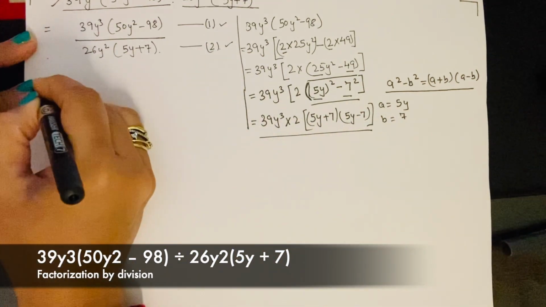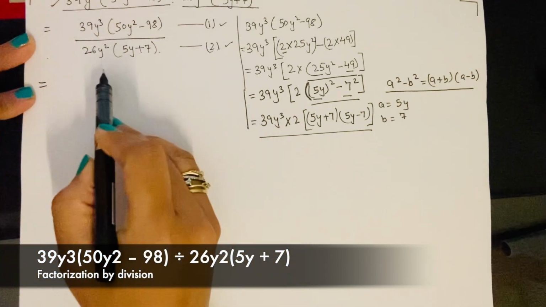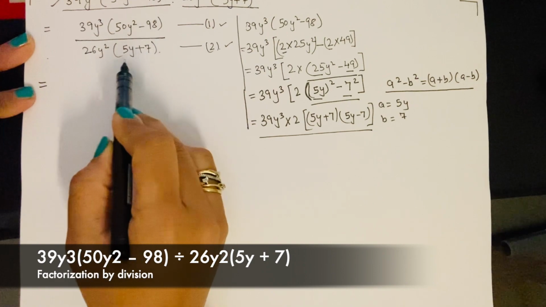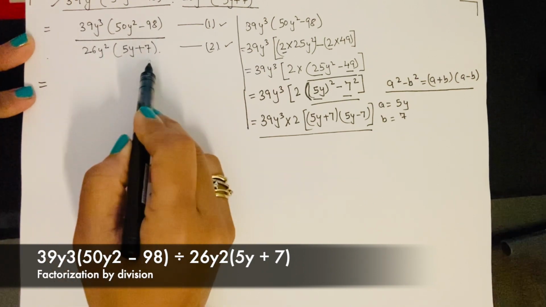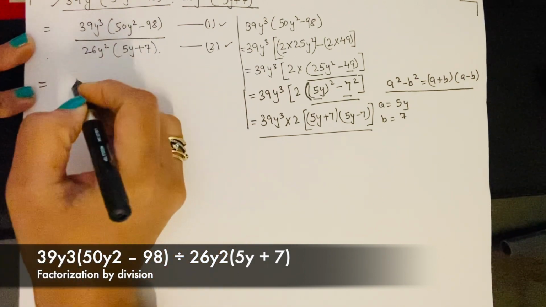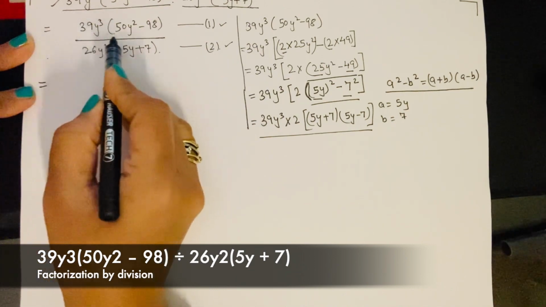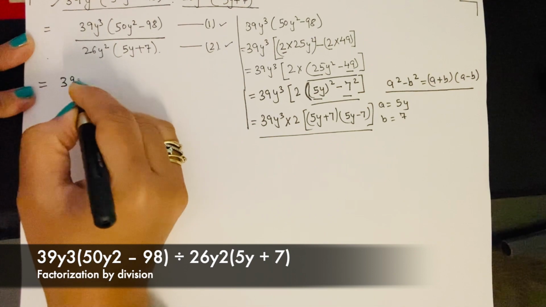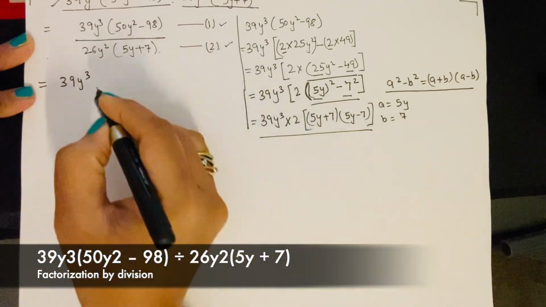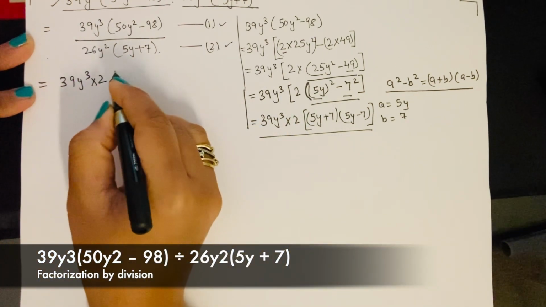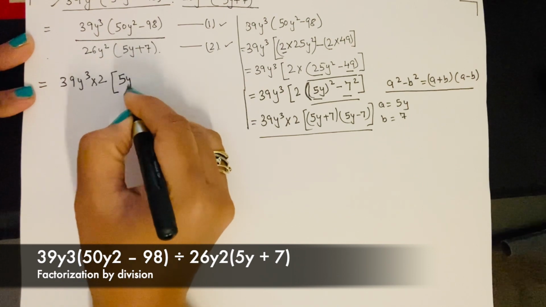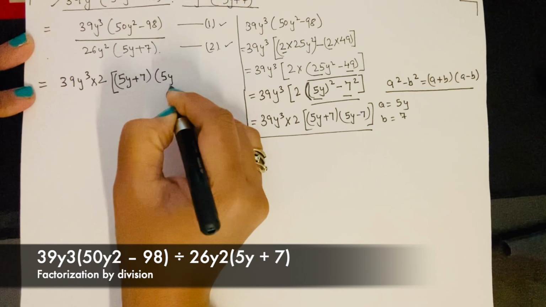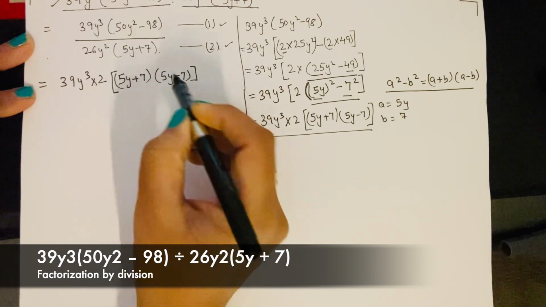Let's analyze, can we sort this equation further? No, because there is no common factor here. So we will write 39y cube multiplied by 2 and in bracket 5y plus 7, 5y minus 7, and close the bracket.